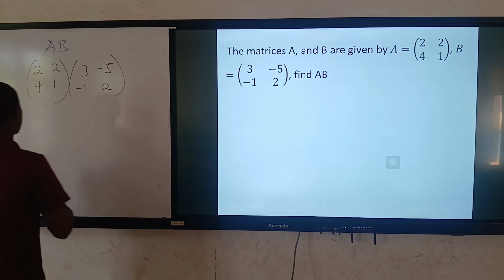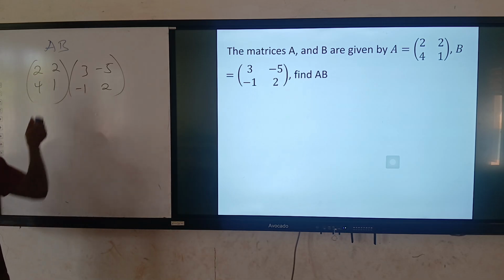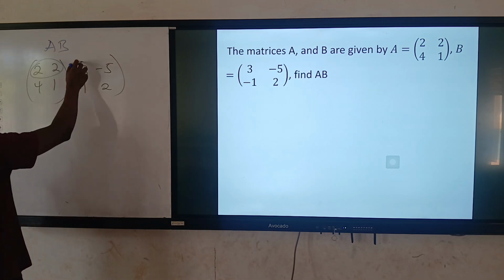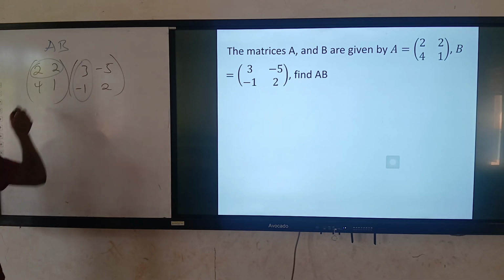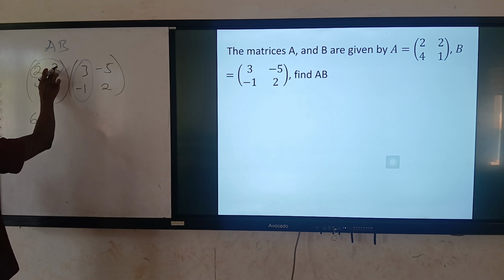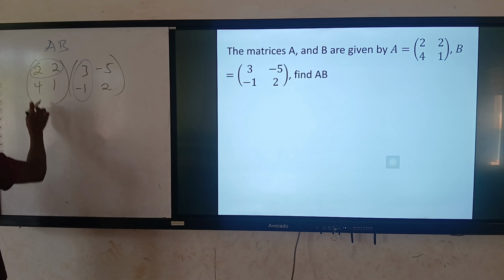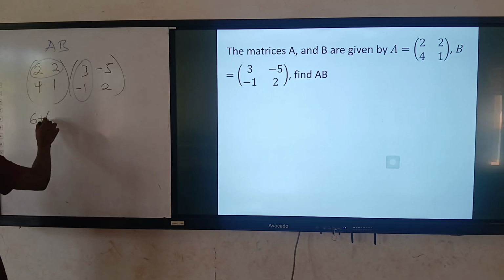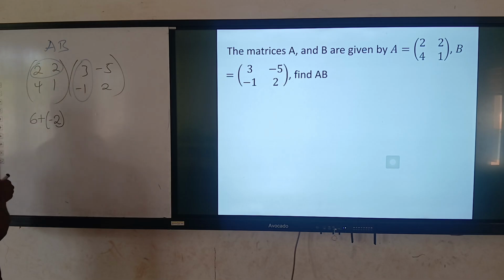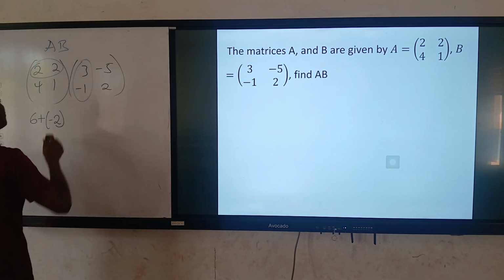So we are taking this row and multiplying by the column of this and that. So 2 times 3 gives us 6, plus 2 times negative 1 gives negative 2. Then take the same row again and multiply by this column.